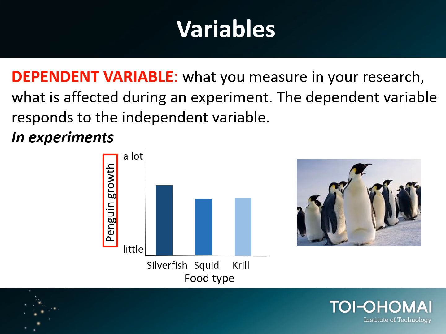So it's the thing that we are interested in finding out if there's an effect from the treatment. In this case, the treatment is food, and we're wondering if there is an effect on penguin growth. That is the dependent variable.